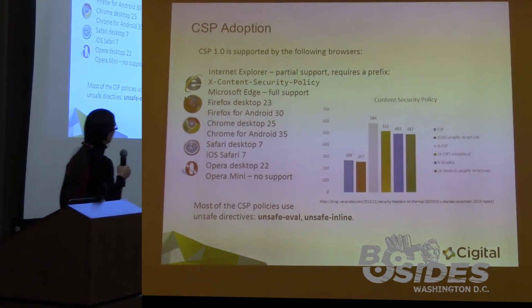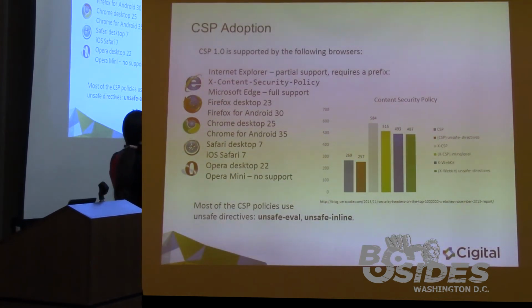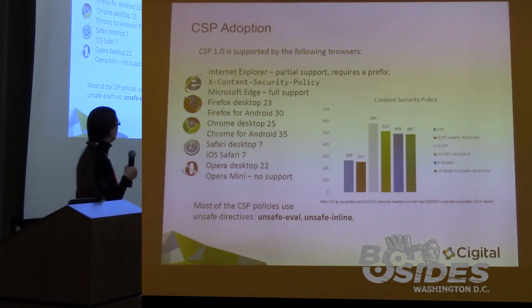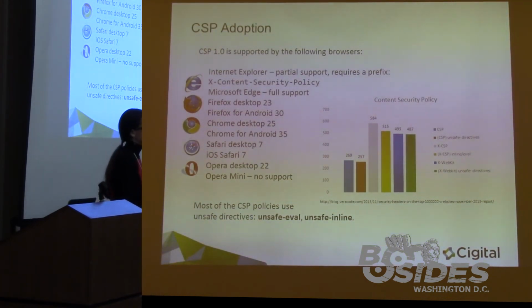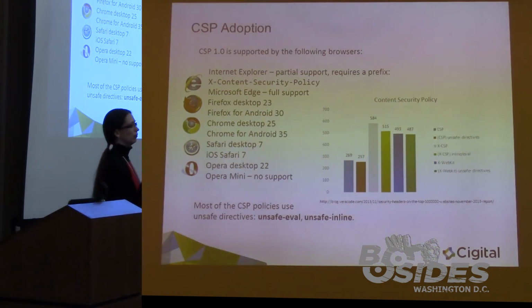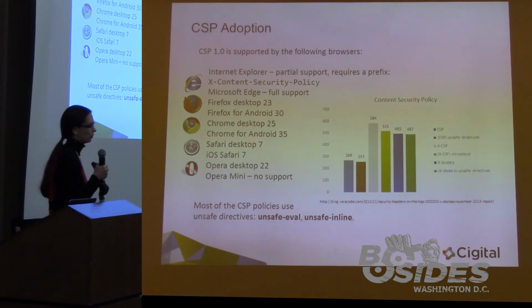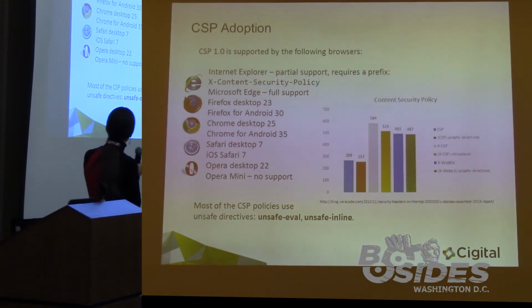Some of them, like IE, supported and still support the X-CSP header. The WebKit browsers had their own header prefix, X-WebKit, but more or less 200-something out of 1 million websites. That's a really, really small percentage.